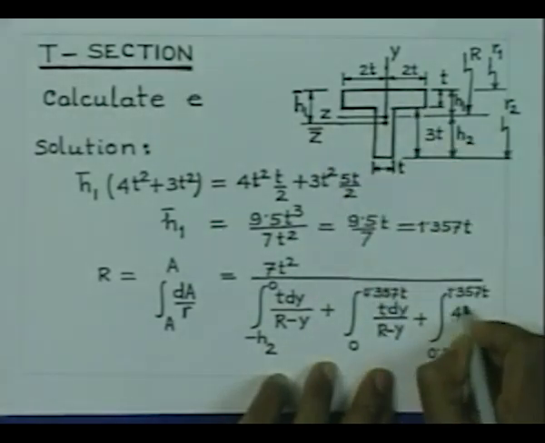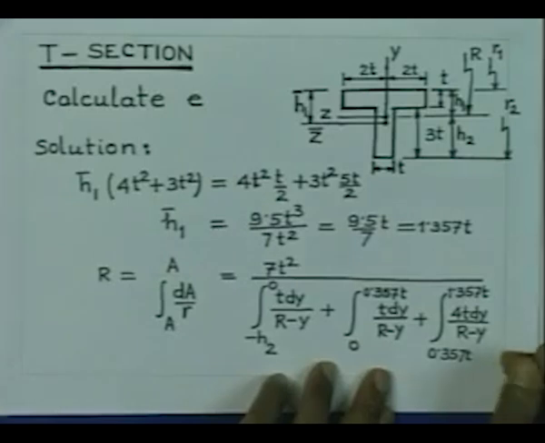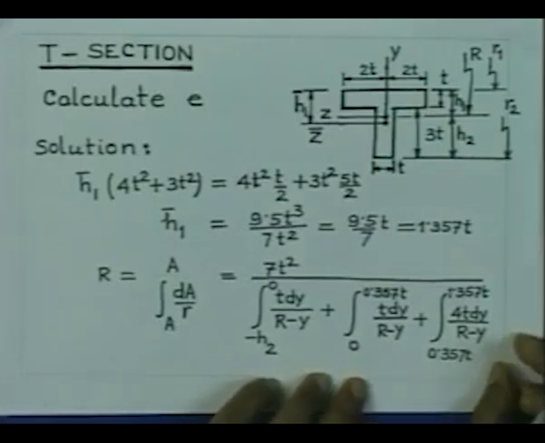So, therefore, 4T into dy divided by R minus y. So, note this, that when the width of the section is changing, then your integration has got to be done in stages, noting those changes.